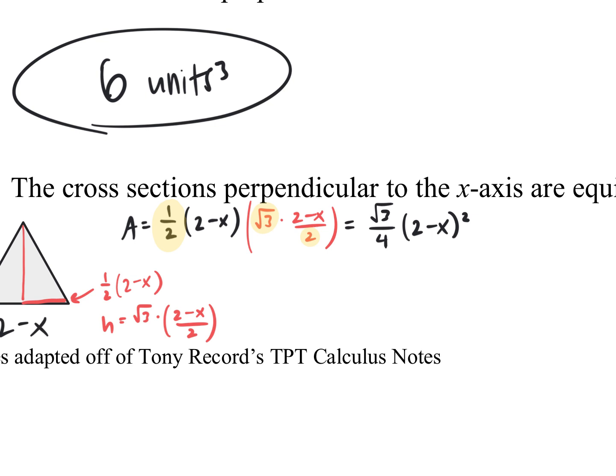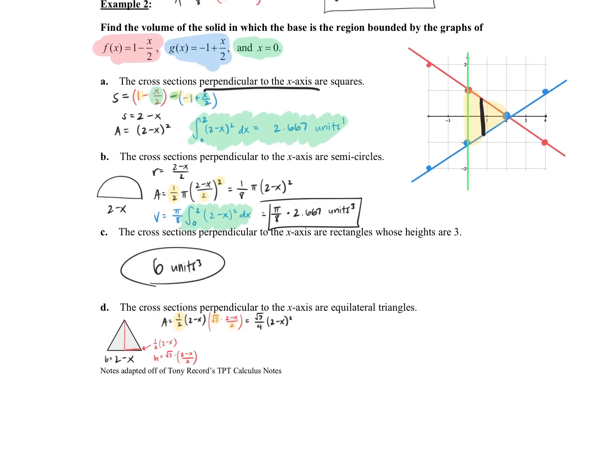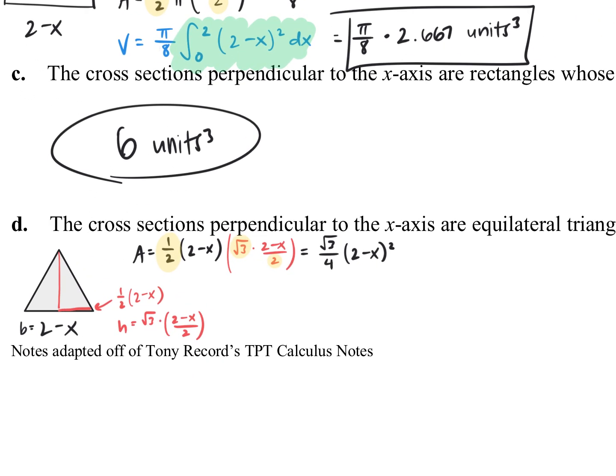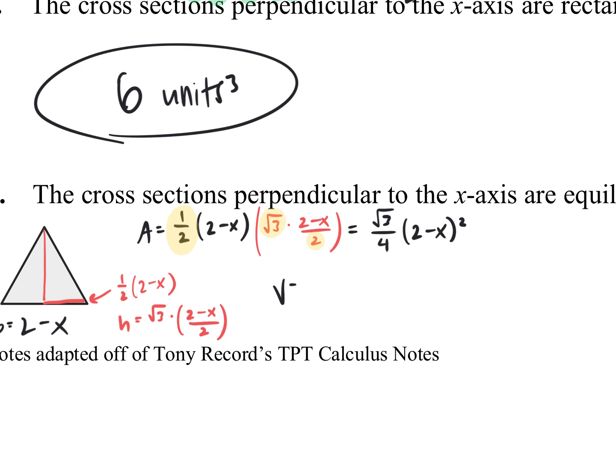We good so far? Okay, finding volume, again, same thing, we're on the same bounds, 0 to 2. So I'm going to integrate this function from 0 to 2. I'm going to put my constant out in front. And from above, we know exactly what this integral of 0 to 2 of 2 minus x squared equals.